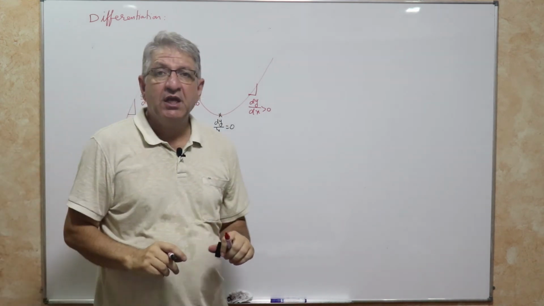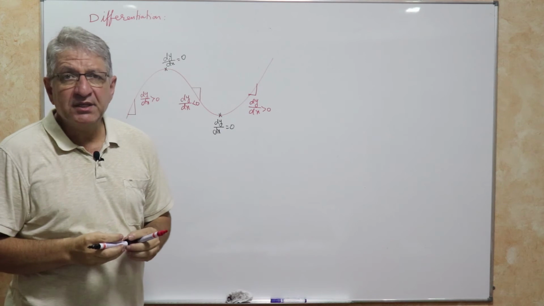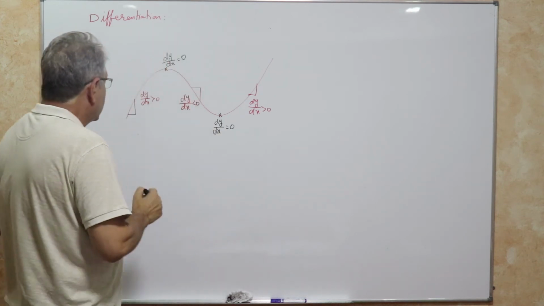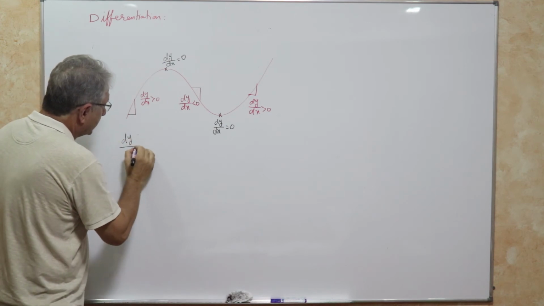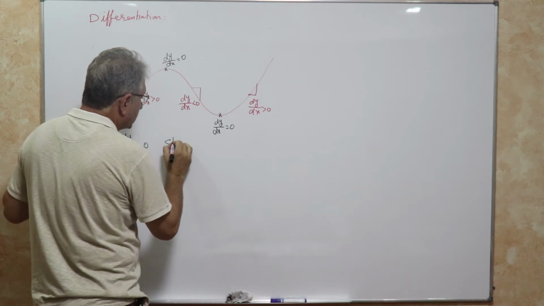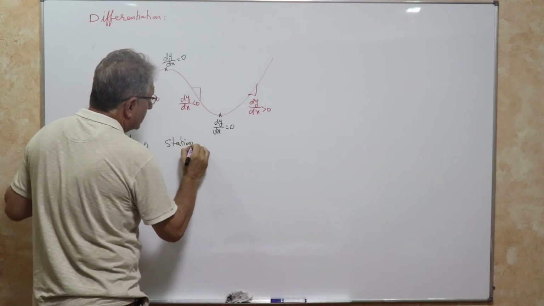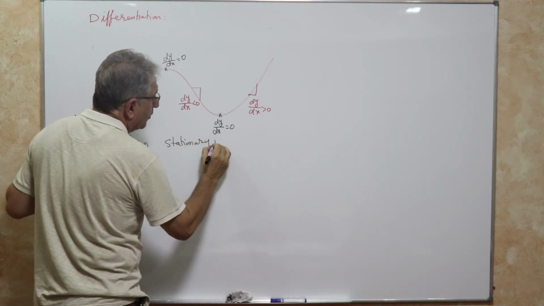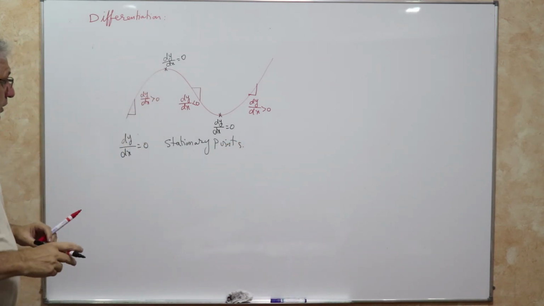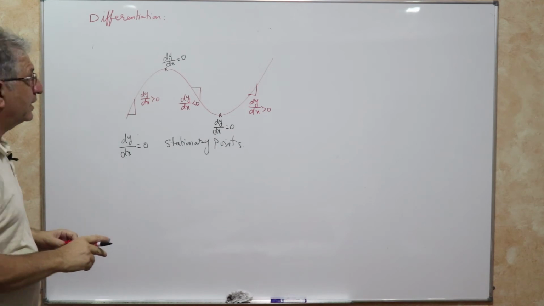These 2 points where dy by dx is 0, we call stationary points. Therefore, dy by dx equal to 0 gives you stationary points. So now, let me give you an example.